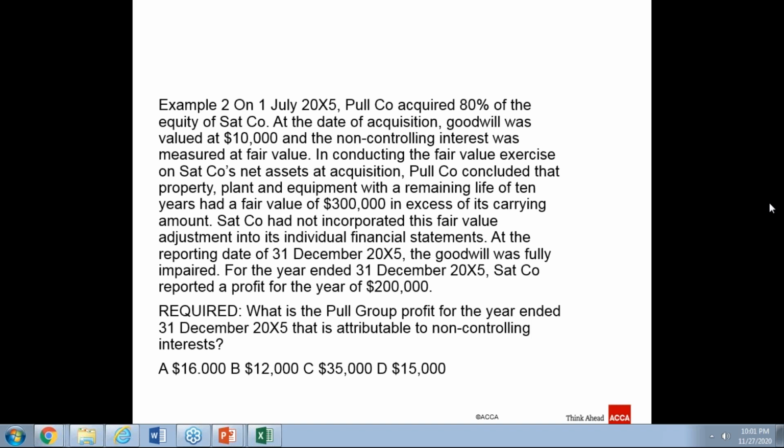PURP. Please solve this one. This will be the last question before starting the topic, ratios.